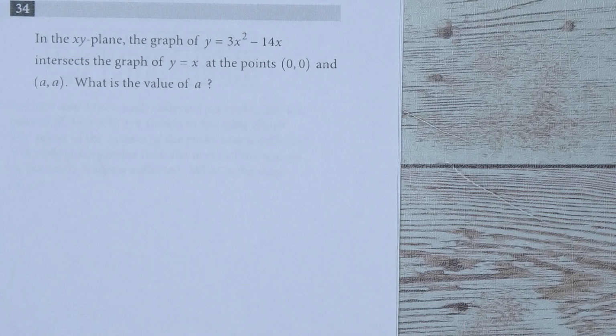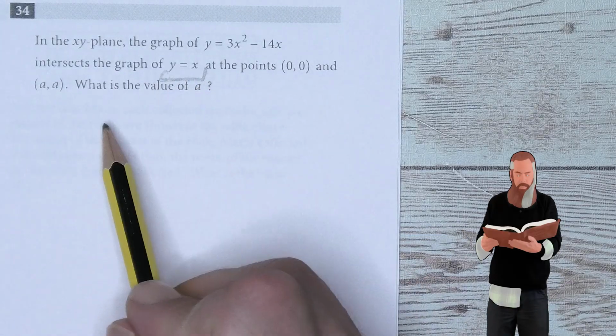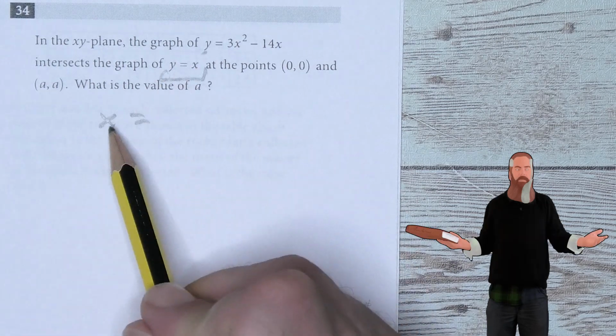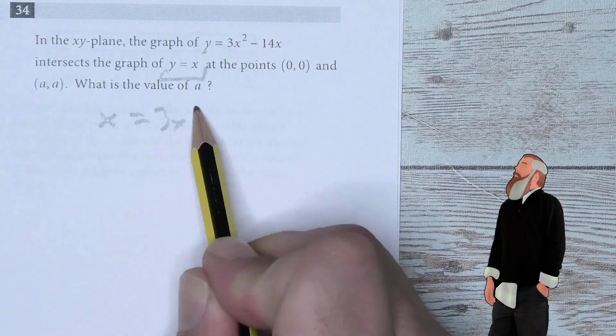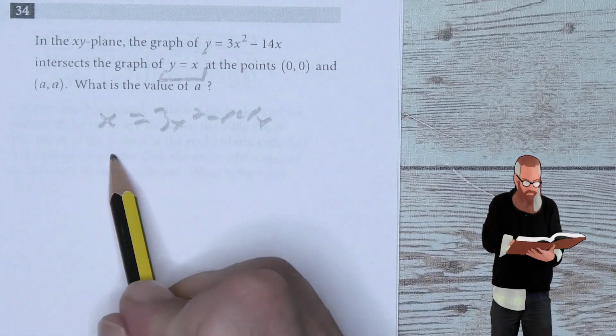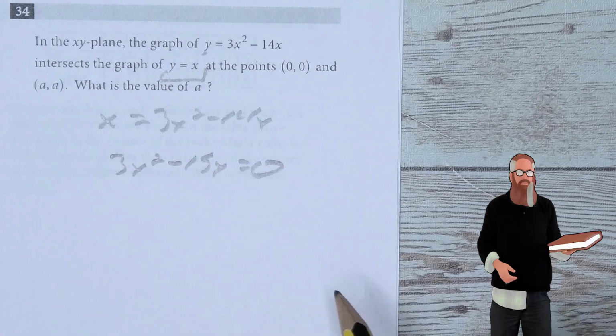In the xy plane, the graph of y is equal to 3x squared minus 14x intersects the graph of x is equal to y at the points 0, 0, and a. What is the value of a? We start with this simple idea that y is equal to x. So we can say x is equal to 3x squared minus 14x. This means I get 3x squared minus 15x is equal to 0.